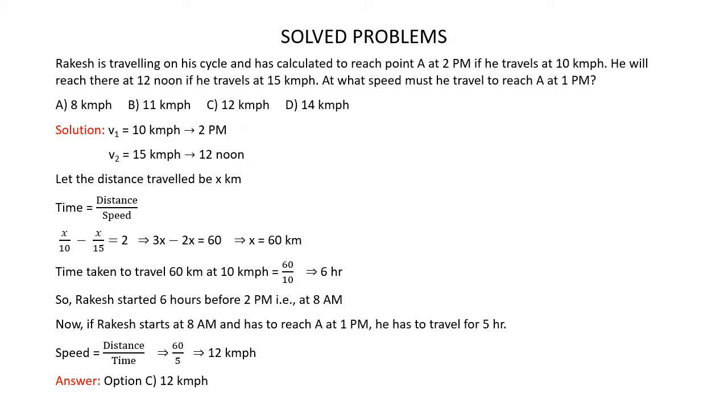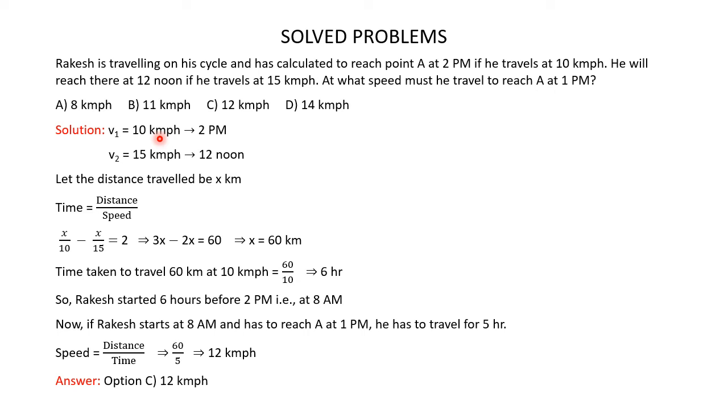Now we do not know the distance traveled by Rakesh. So let the distance traveled by Rakesh be x kilometers. We know that time is equal to distance divided by speed. Now, in the first instance, Rakesh travels x kilometers at a speed of 10 kilometers per hour.